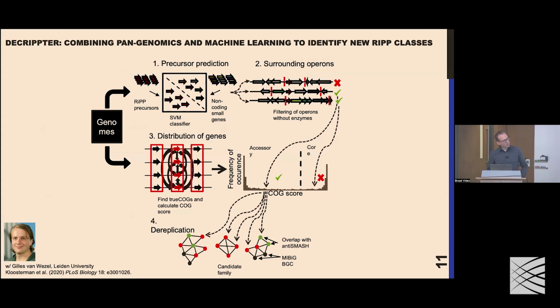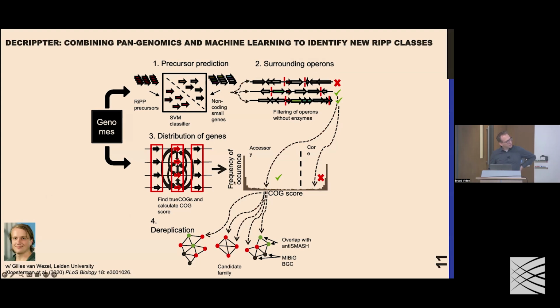We also look at whether these putative precursor peptide encoding genes are located in an operon structure with other genes that are enzyme encoding. We're not limiting ourselves in this case to specific enzyme families, but we just want to see enzymes, because that indicates that something enzymatic is going on. Another criterion is that many of these gene clusters are flying in and out of genomes, so they're usually not part of the core genome of a species or a genus.